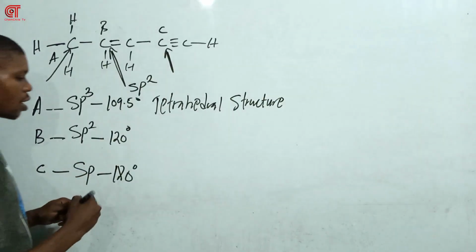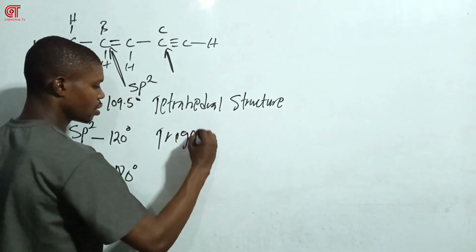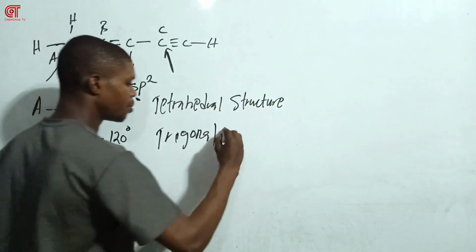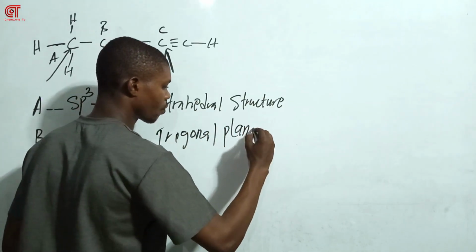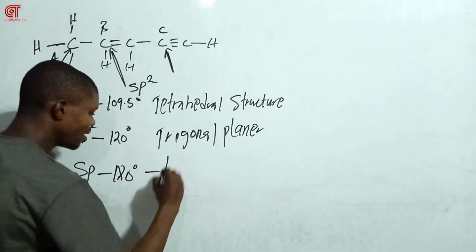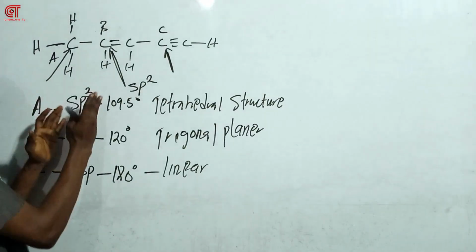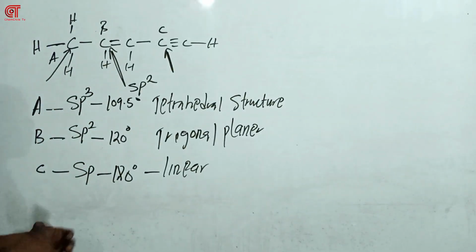This one is called trigonal planar. And this one is called linear. So these are the key things they may ask.